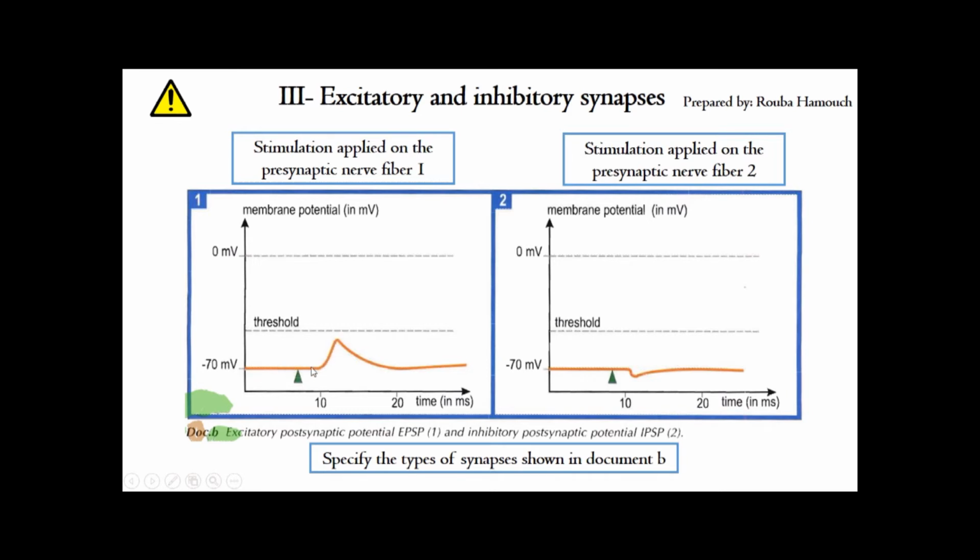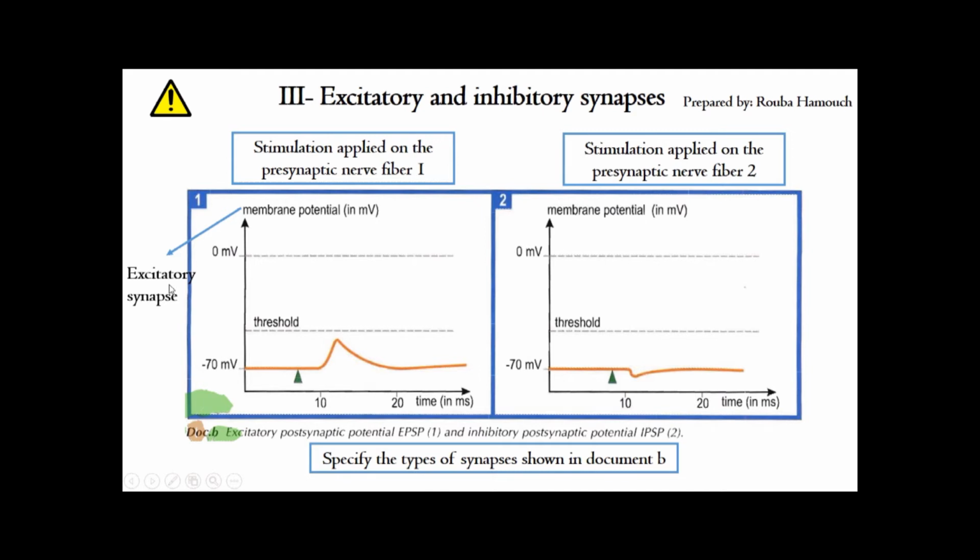So when there is a depolarization that approaches the threshold, the synapse is said to be an excitatory synapse. So when the stimulation of the presynaptic neuron causes a depolarization in the postsynaptic neuron, and the depolarization, when it exceeds the threshold, can generate an action potential, in this case the synapse is excitatory.